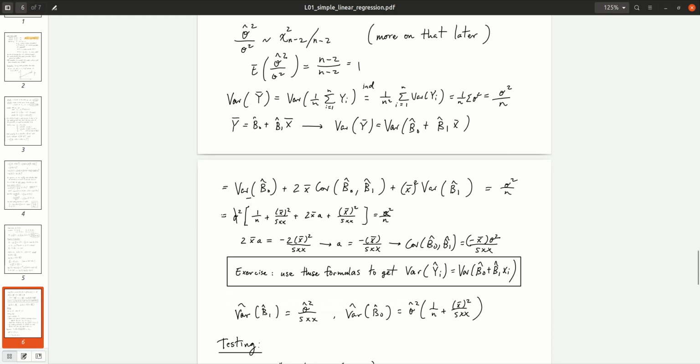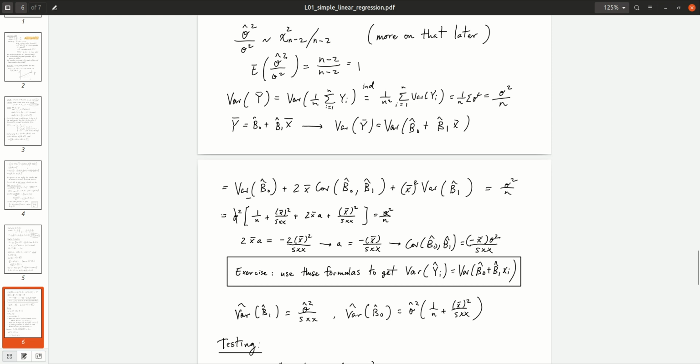Now, if we look at this equation, this is the variance of a sum. And there are rules for how you calculate the variance of a sum, and the rules work like this. You take the variance of the first thing, plus twice the covariance of the two things. So this would be twice the covariance of B0 hat and B1 hat x bar. You should get x bar in here, but that can come out.